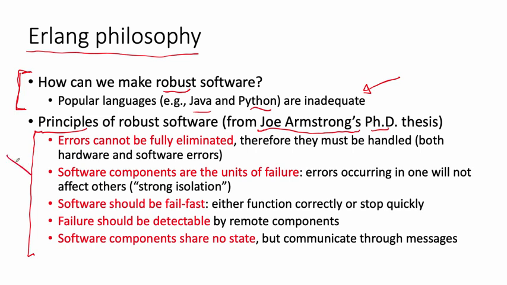So the principles. First principle: you cannot eliminate errors. When people write software, they try to reduce errors. You fix bugs. But there will always be some bugs remaining. The Erlang principle says you cannot reduce the errors to zero.